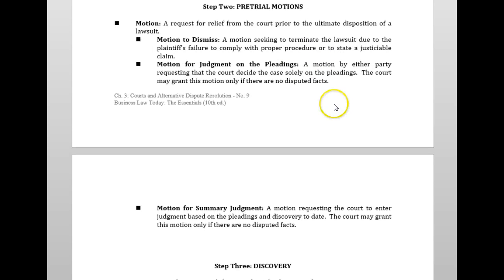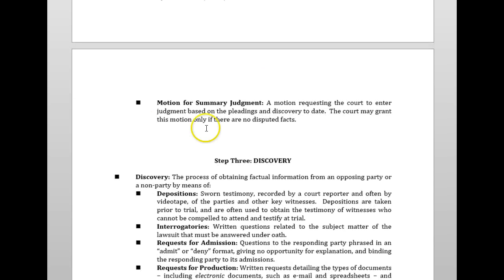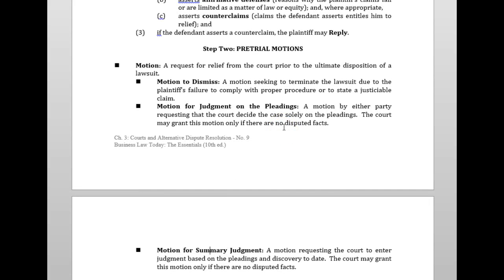And the court can grant this motion if there are no disputed facts in it. Otherwise, you could go for a motion for summary judgment and discovery to date, and we'll get into discovery in a minute. And again, if there are no disputed facts, it's fairly cut and dry. It may never go to trial, and it may end in pretrial motions.